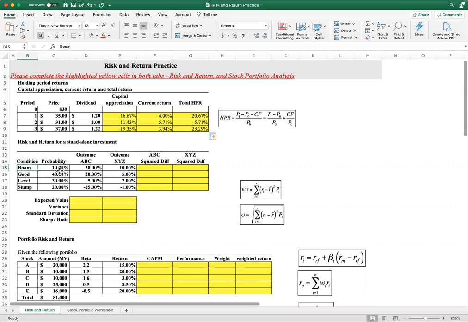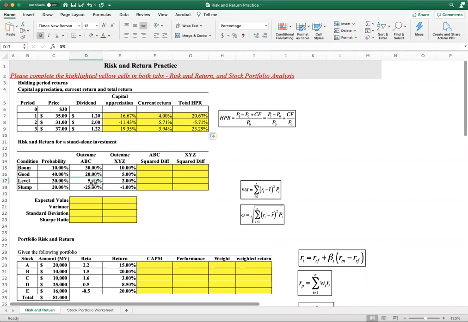You will have scenarios where everything goes as you expect, the best scenario, and you have good scenarios, and you have okay, and you will have what we call a recession, right? So in this case, the probability of you having the best scenario is 10%, and then good is 40%, and just so-so, then your return is 5%. And if there's a correction, if there is a recession, it is minus 25%, right?